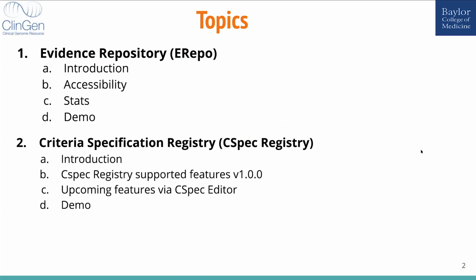The first section today gives some background information and context about E-Repo, but the majority of the time will be dedicated to E-Repo. I have a couple of slides only.